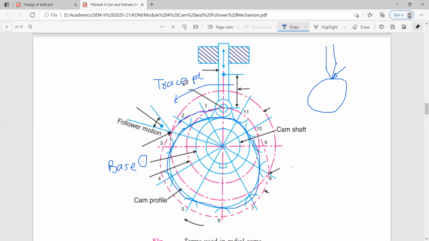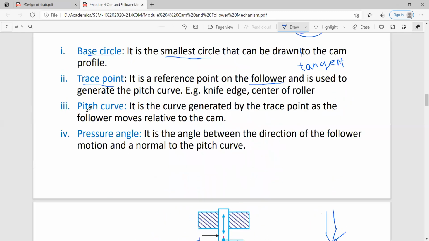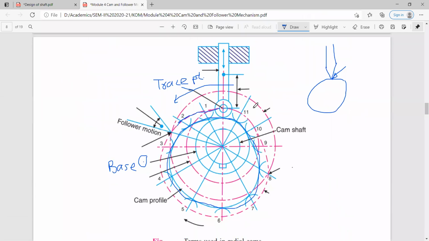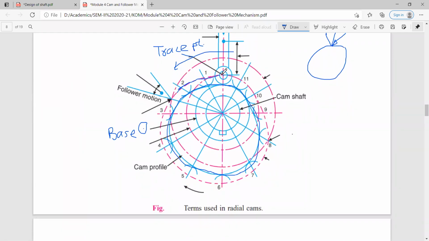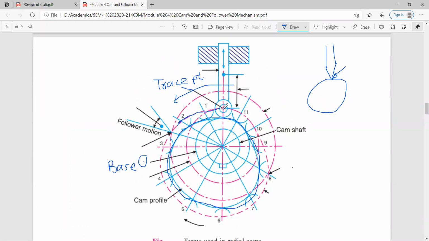Next, now the pitch curve. It is the curve generated by the trace point as the follower moves relative to the cam. So when this follower moves relative to the cam, it means the cam is kept stationary.